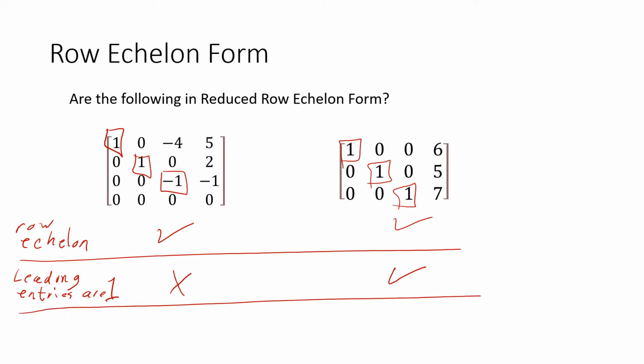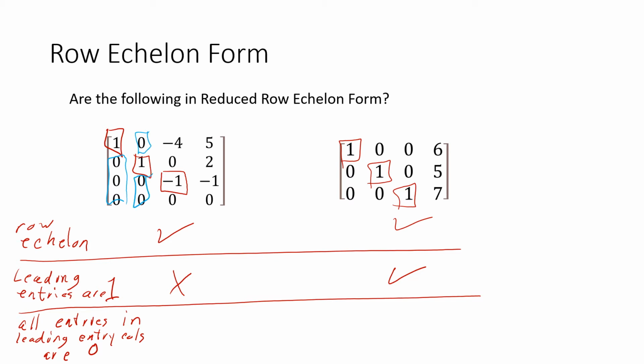And then the third criteria says that all entries in columns with leading entries, in leading entry columns, are 0, except for the leading entry itself. So if you look at them here, in the left one, you have all 0s in the second column.